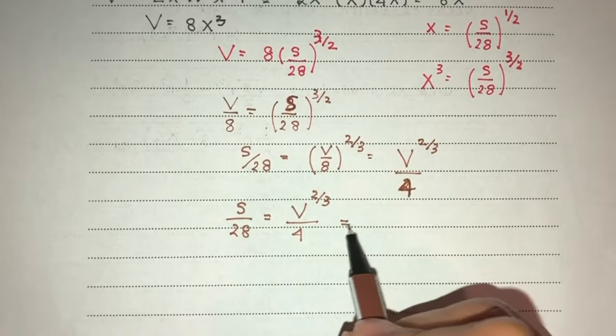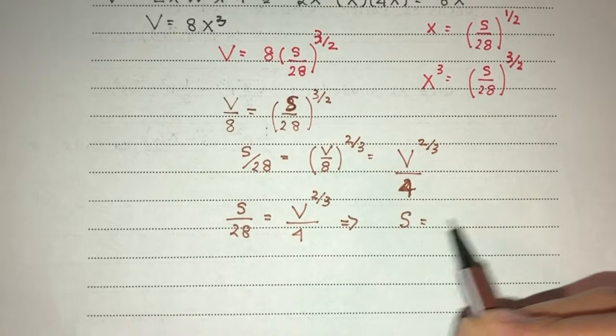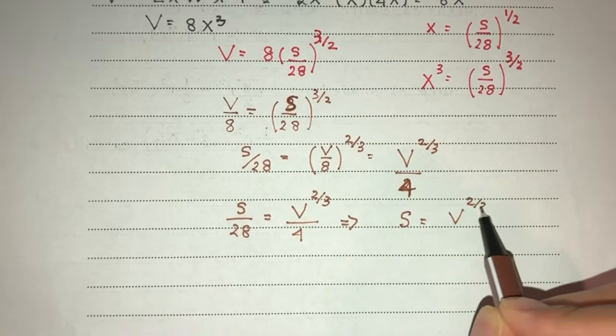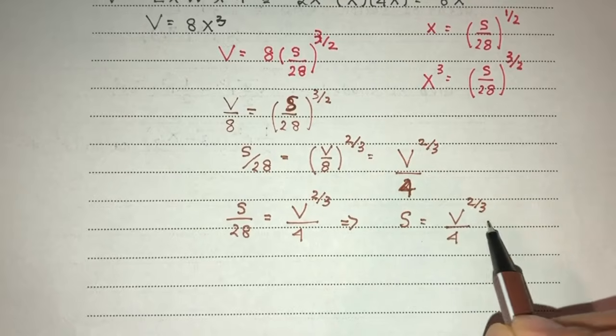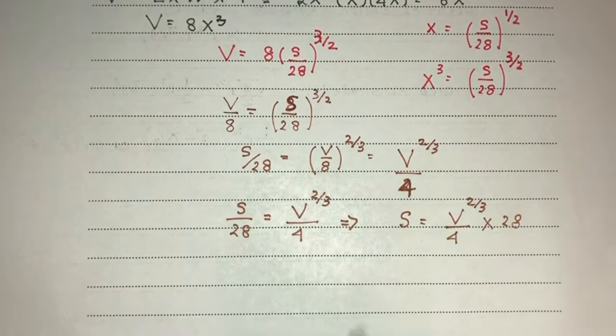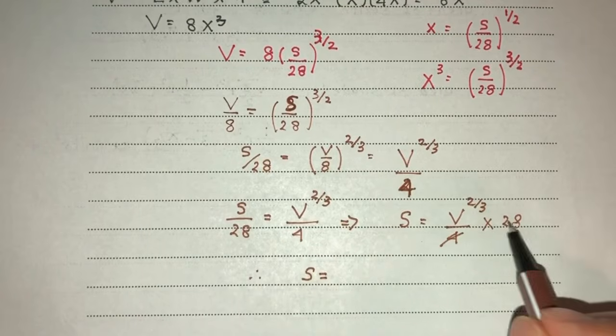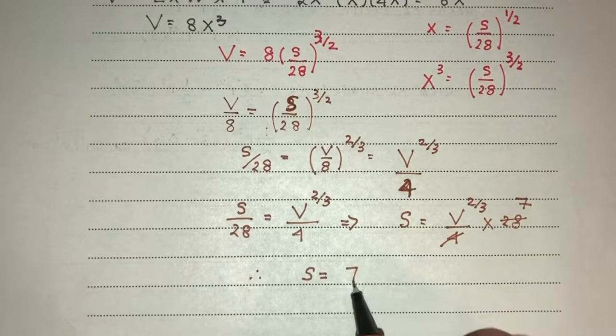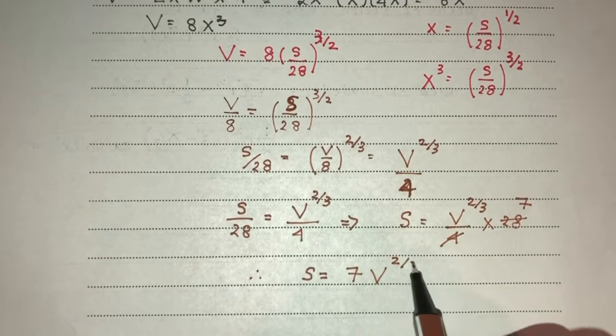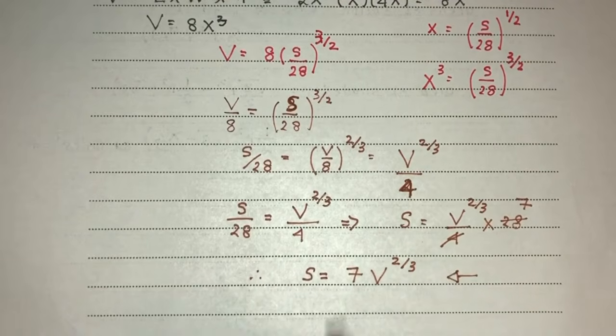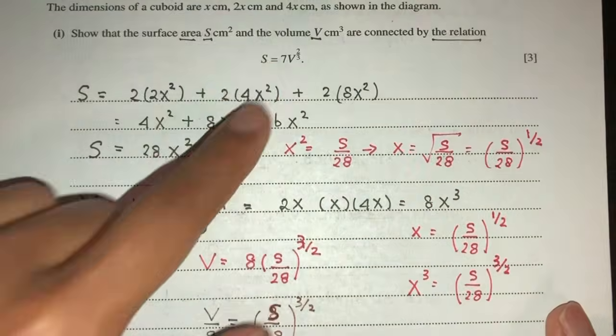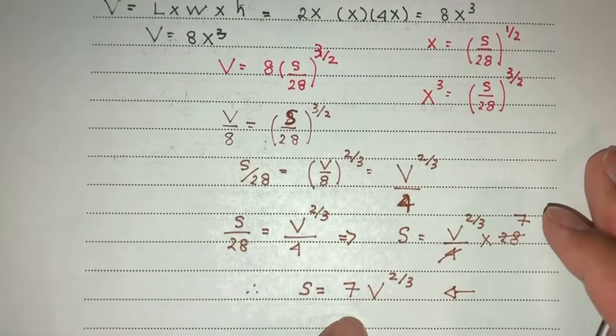You will have s is equal to v power 2 over 3 over 4 times 28. So s is equal to 7 v power 2 over 3. Okay, so that will be the equation connecting s to v, which is this, and shown as required.